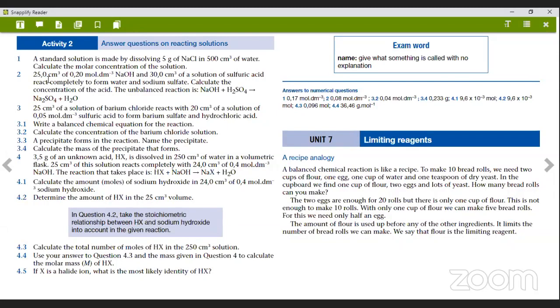This is what they're looking for, because they gave you the volume and the concentration of NaOH, but for the sulfuric acid they only gave you the 30 cm cubed. So what are they looking for? They're looking for the concentration of the acid. Now let's see how that is done.